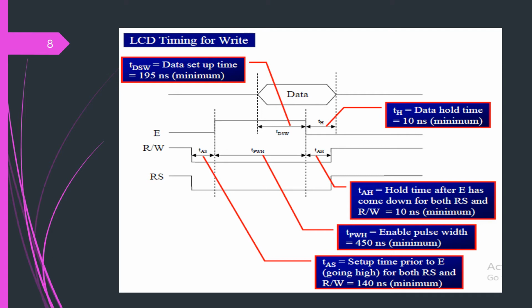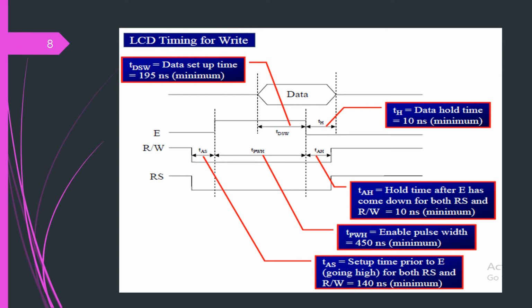Entry mode set: RS, RW and DB7 to DB3 are zeros, DB2 is 1, and DB1 and DB0 set the cursor direction and specify the shift of display. This operation takes almost 40 microseconds.